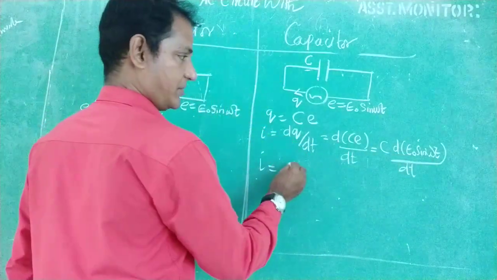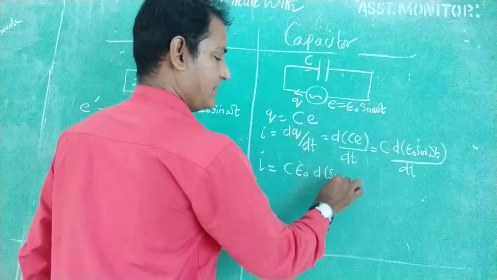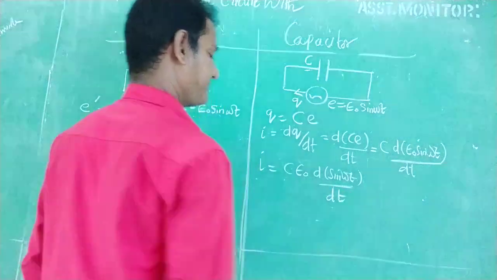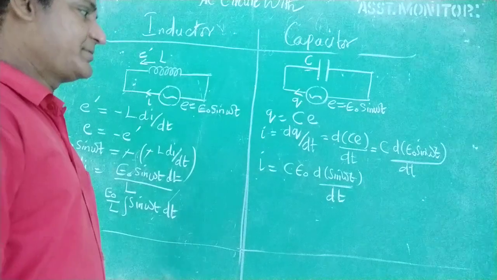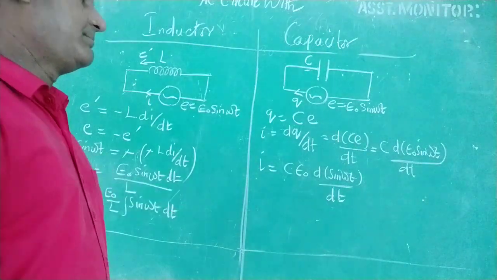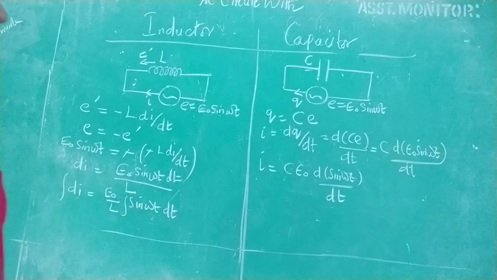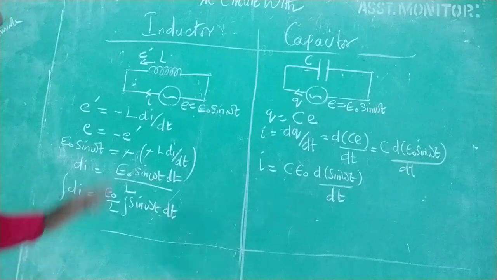Again, I is equal to C E naught outside, differentiation of sine omega t by dt. So here I have to differentiate. Here I have to integrate. Right? Now let me rub this.